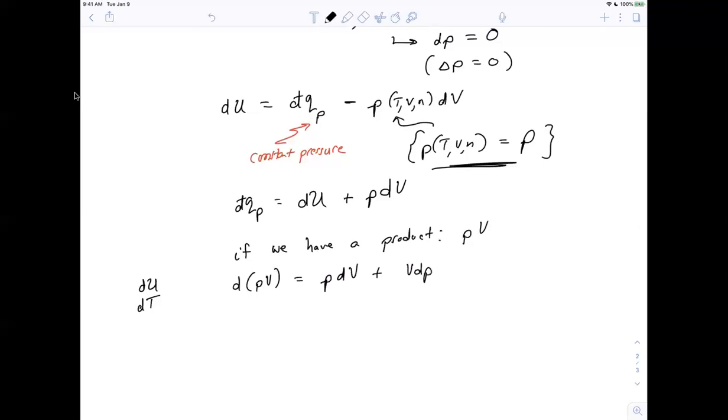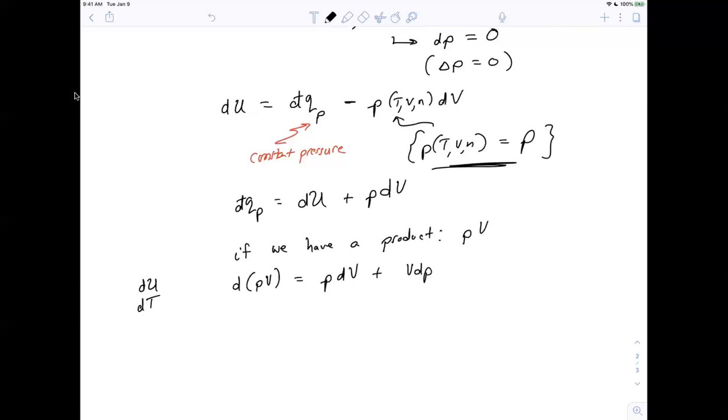It's just the product rule, which is you take the first, hold it constant, and take the total differential of the second element of your product, and then do the same, just reversing the roles of the two things in your product.